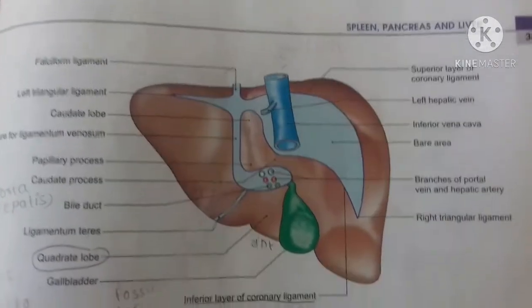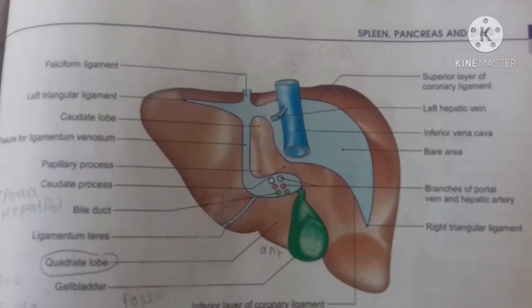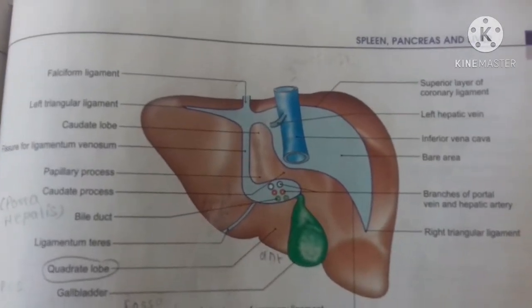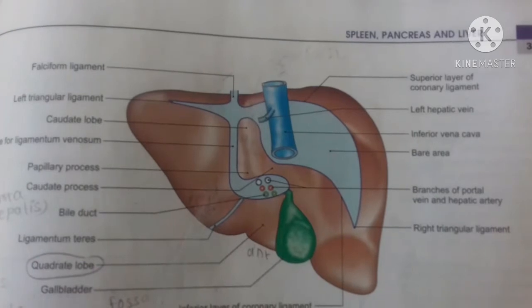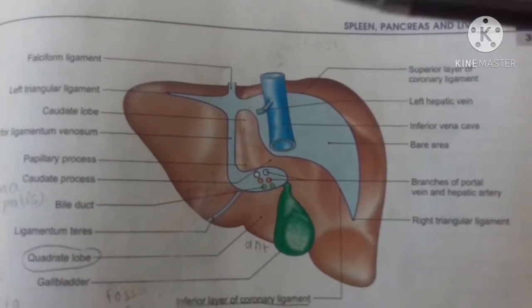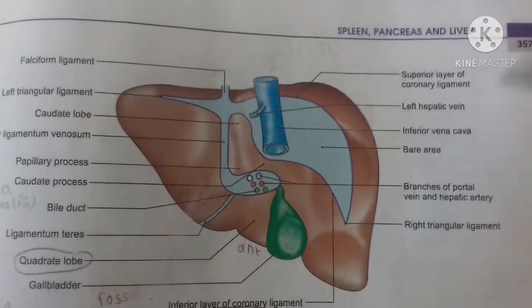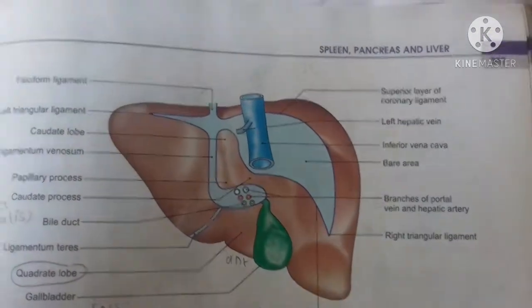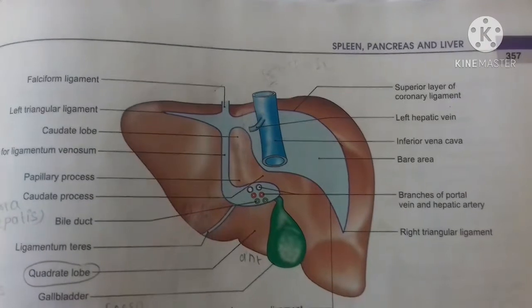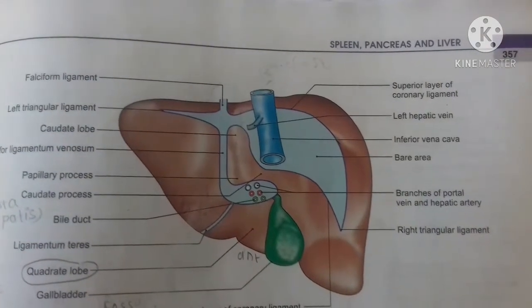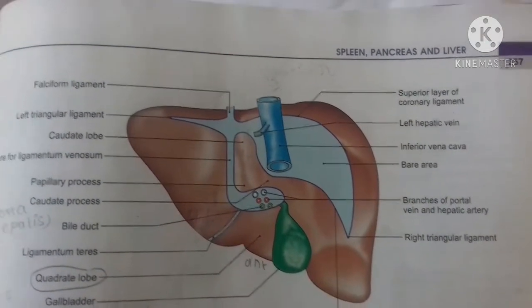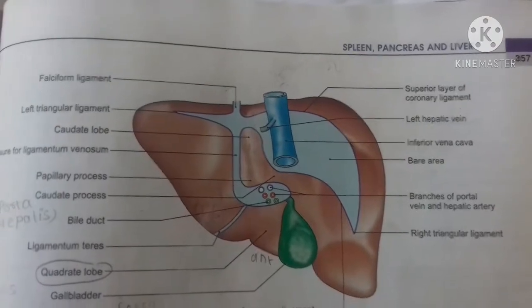The floor is pierced by hepatic veins. This is the floor which is pierced by the hepatic veins, including the left hepatic vein. Then the caudate lobe lies between the fissure for the ligamentum venosum and the left layer of the coronary ligament.